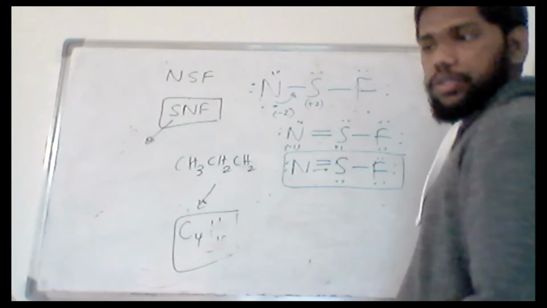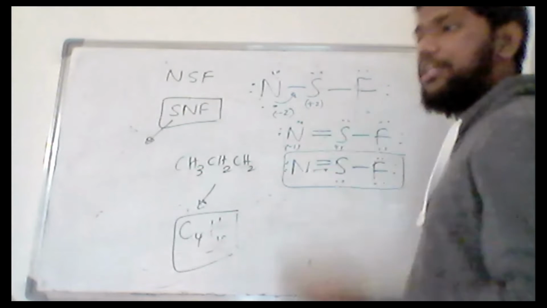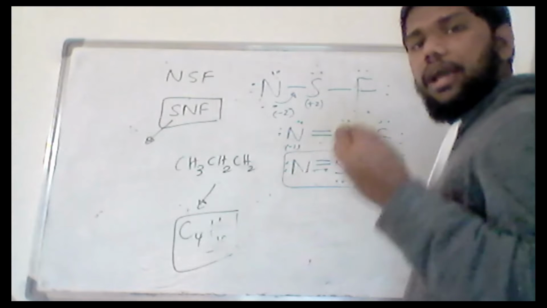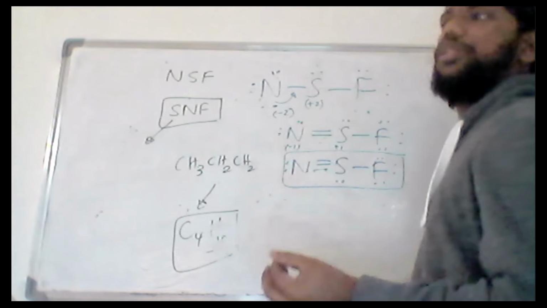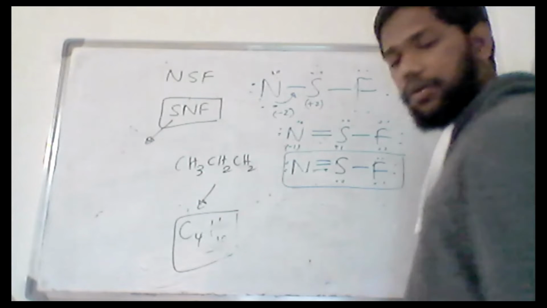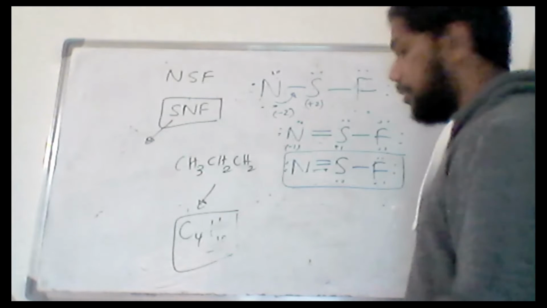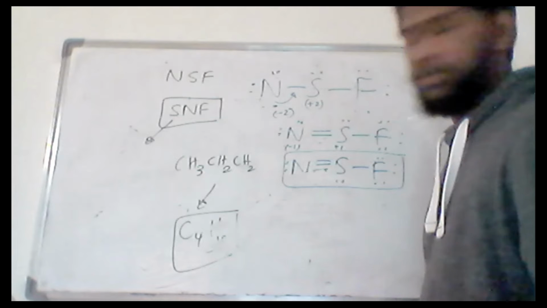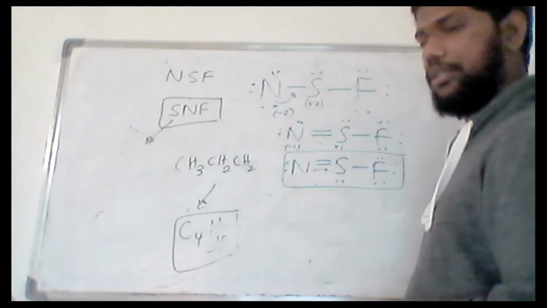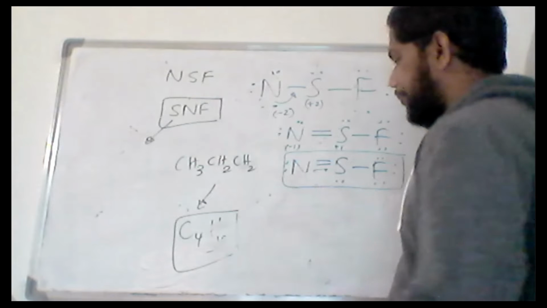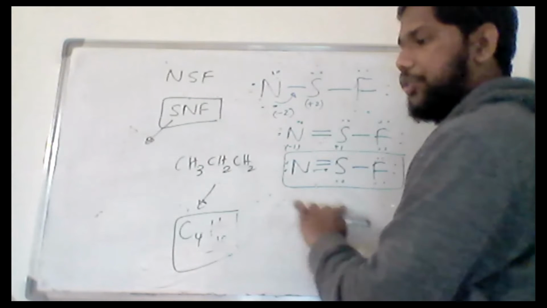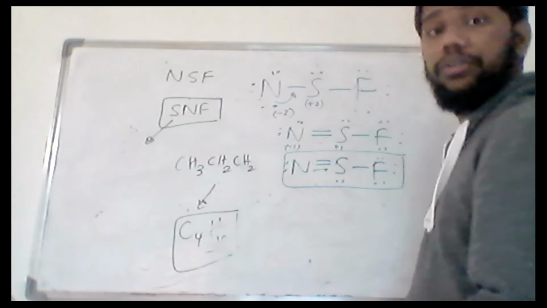Now, if you draw this structure correctly, believe me, you will need only 1 minute to finalize the answer, because you can just check the oxidation state. That is the first statement given in the question itself. So how do we check the oxidation state? Out of these two, which one is more electronegative?